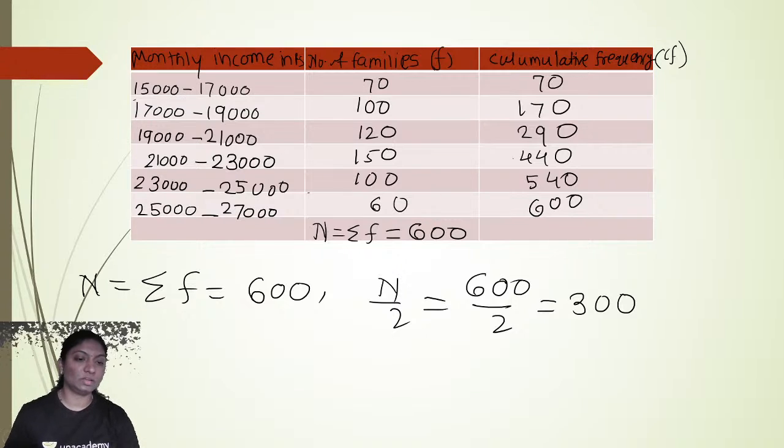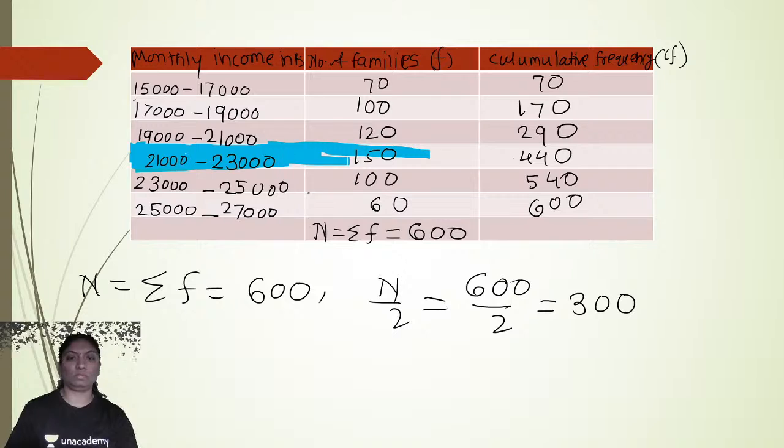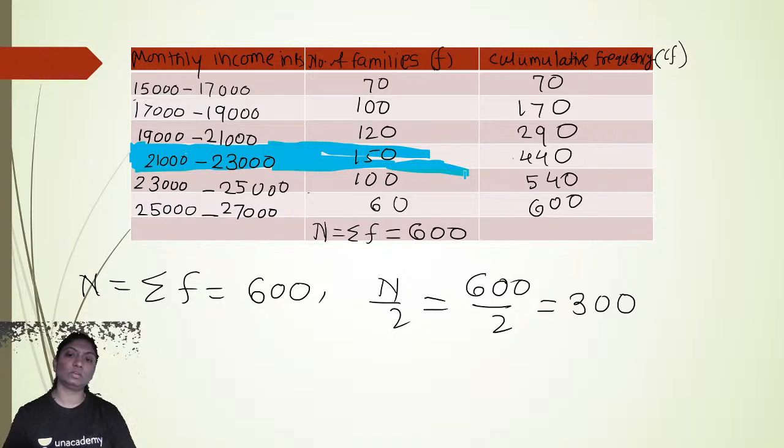Now see here, the class interval which exceeds the cumulative frequency 300 is this class.